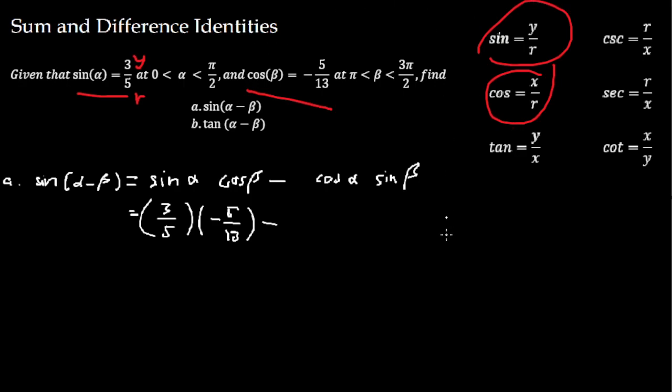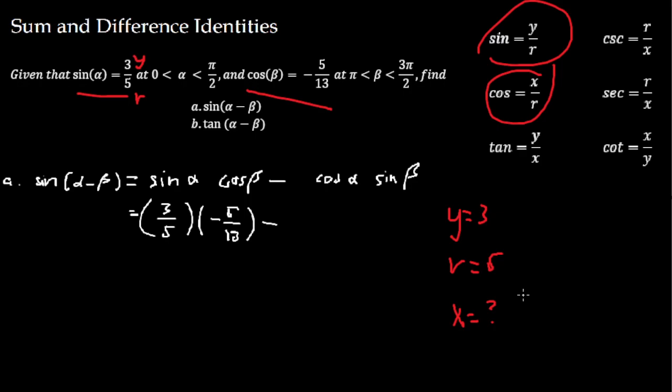So what will we do? Let's list y is equal to 3 and r is equal to 5. We don't have the x, it's unknown. Now, how can we find the value of x? If we still remember the concept of 6 trigonometric ratios, it's entirely based off the unit circle and the Pythagorean theorem.